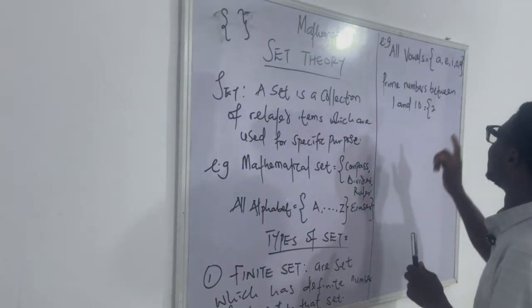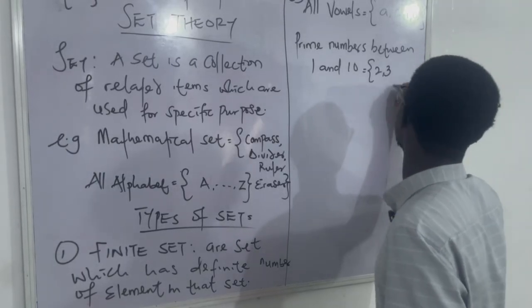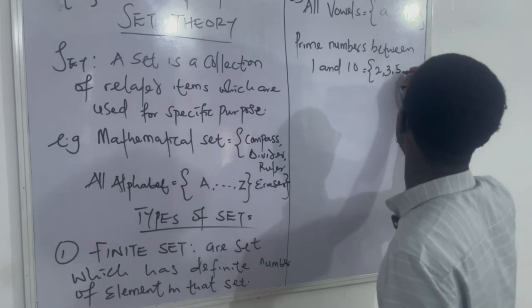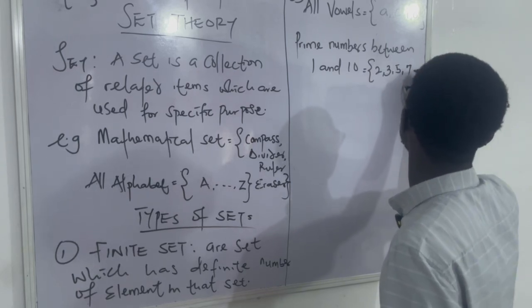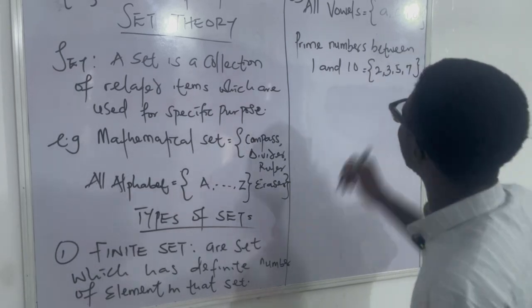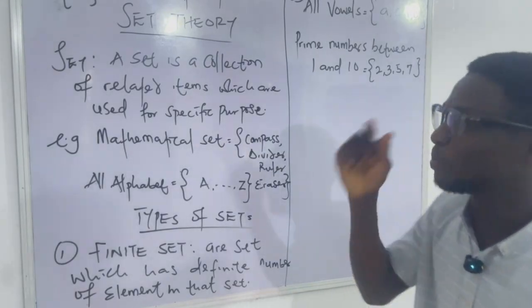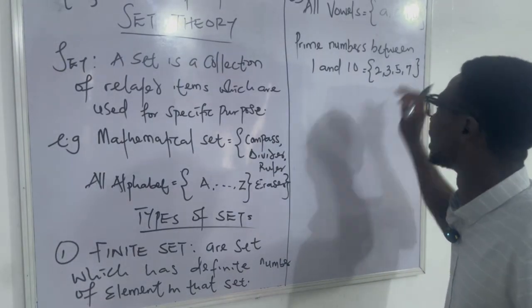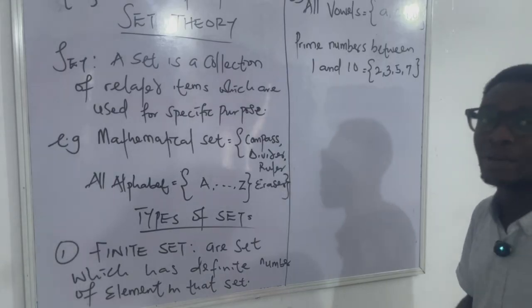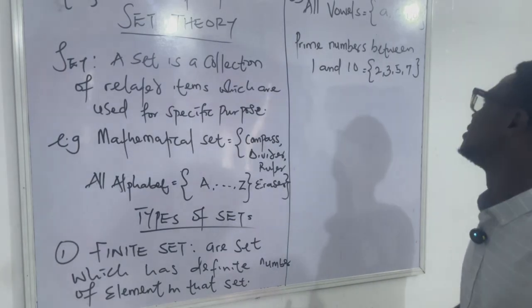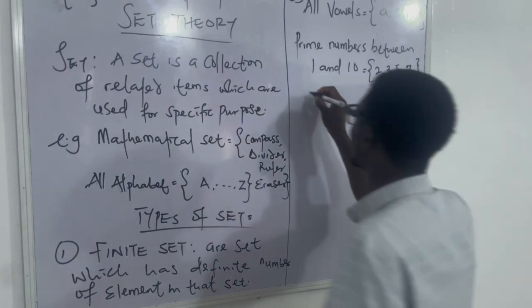They are 2, 3, 5, 7. I know some people might be thinking 9, but 9 is never a prime number because 9 can be divided by 3.